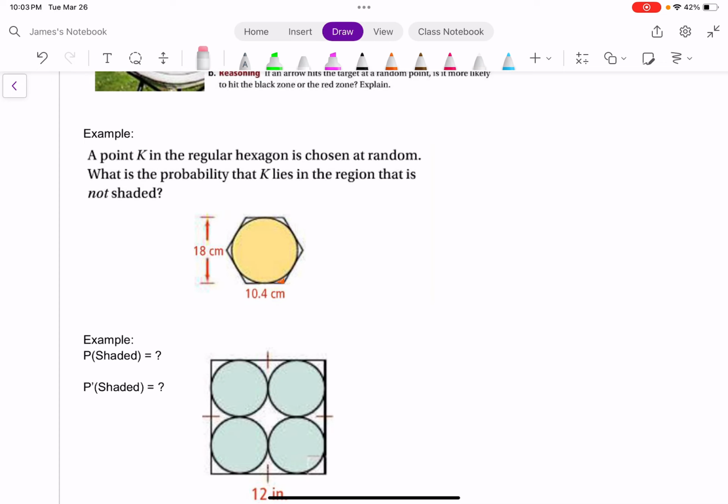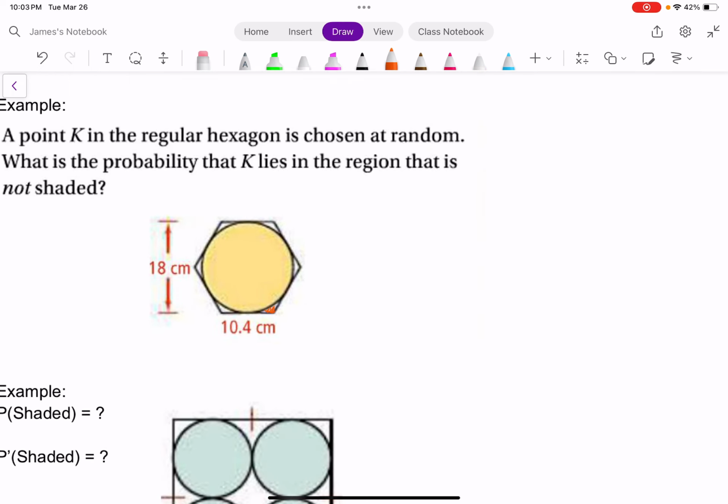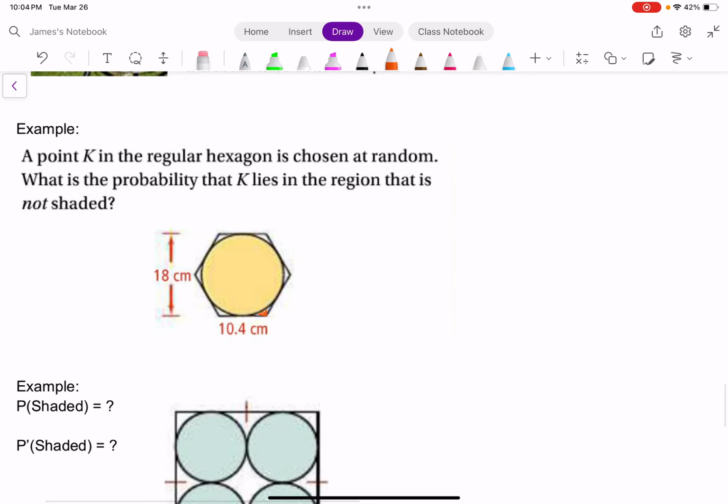But what we can do, if I want to find out how much area we have there in white, okay, I have a hexagon. So the area of a hexagon, you remember, is 1/2 the apothem times the perimeter.